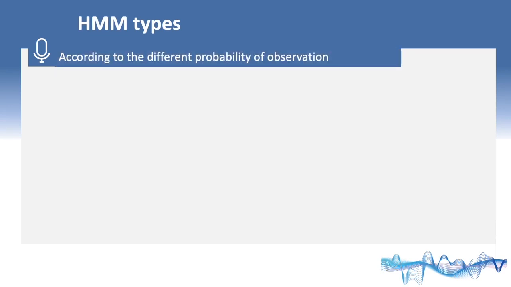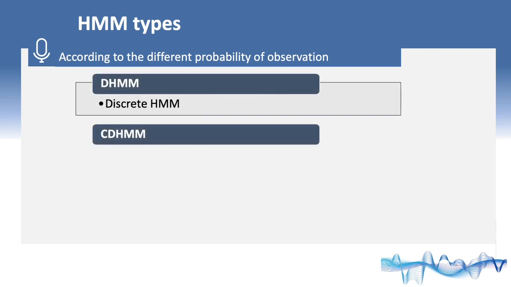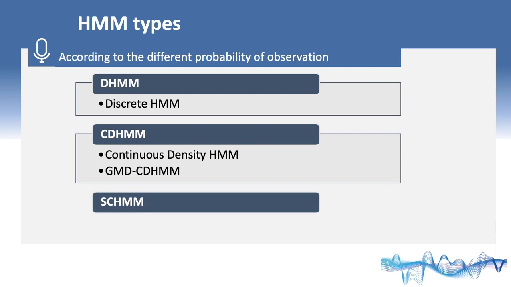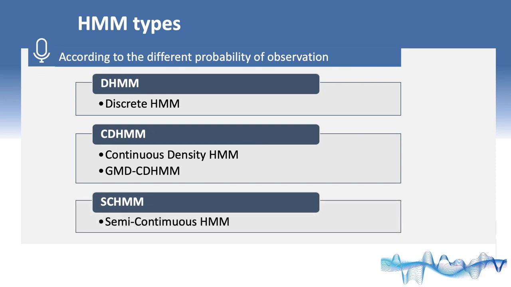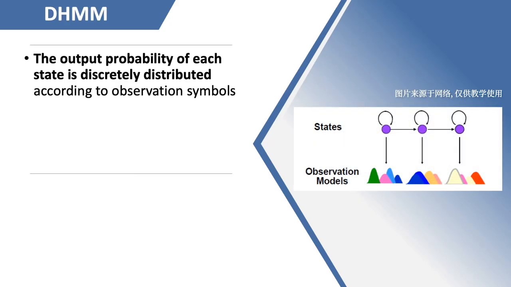According to the different probability of observation, HMM can be classified into three categories: DHMM, discrete HMM, CDHMM, continuous density HMM, and SCHMM, semi-continuous HMM. As to the DHMM, the output probability of each state is distributed according to observation symbols.